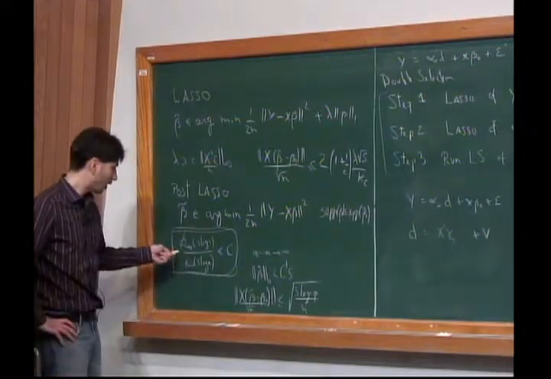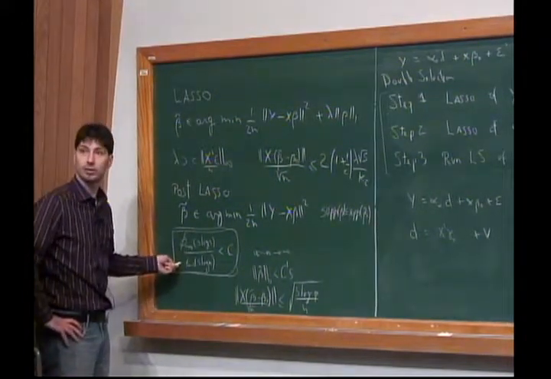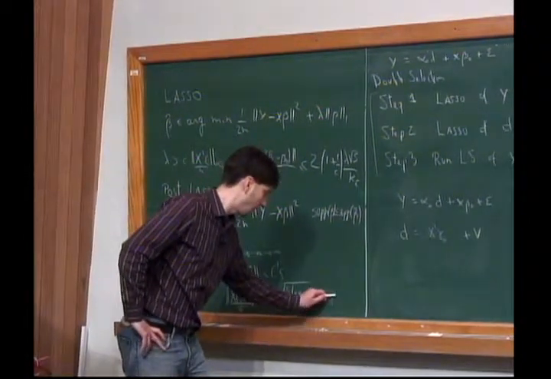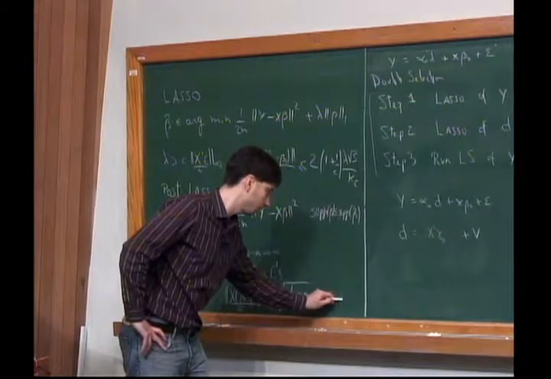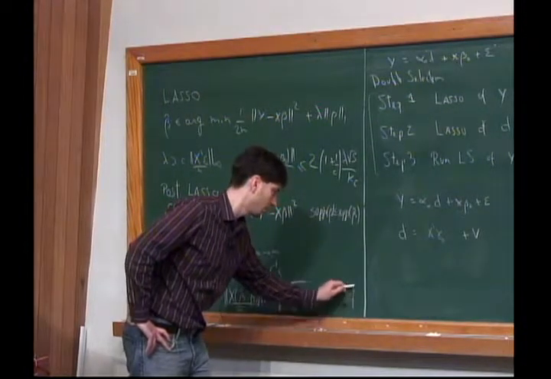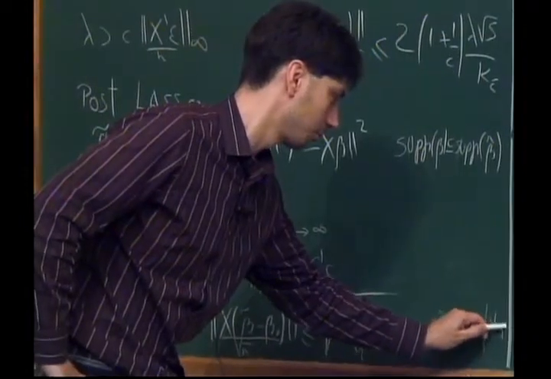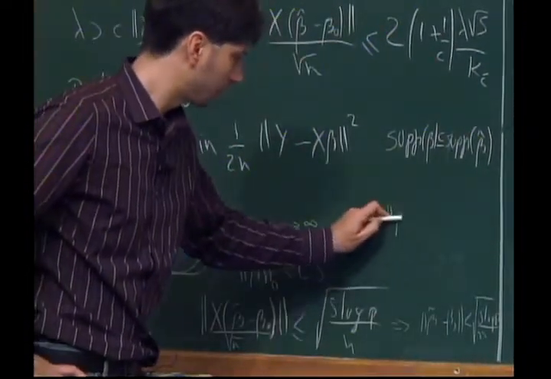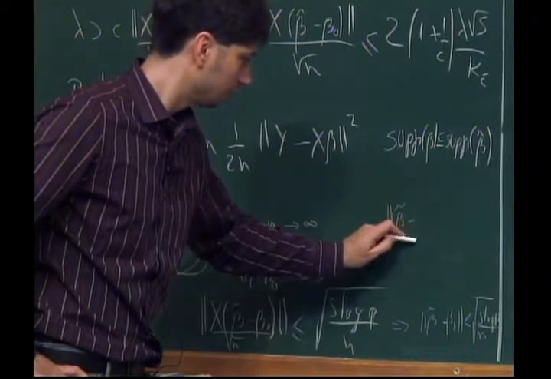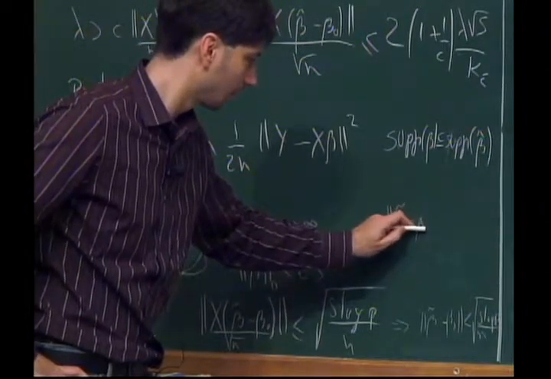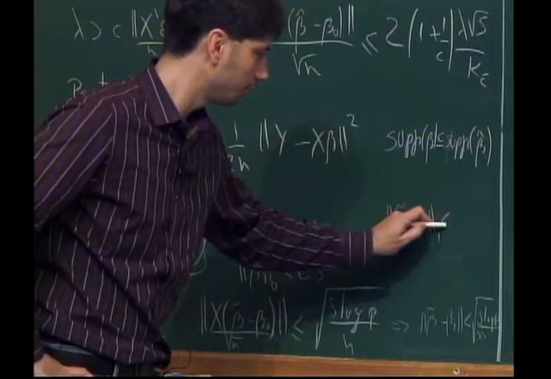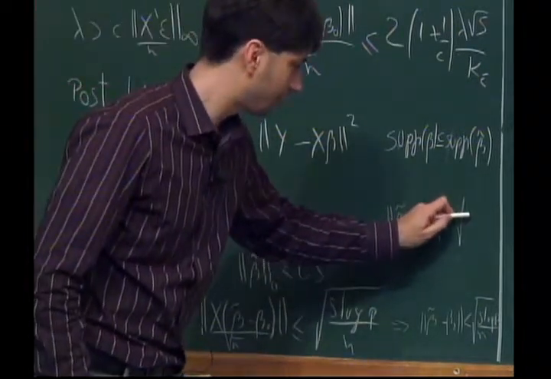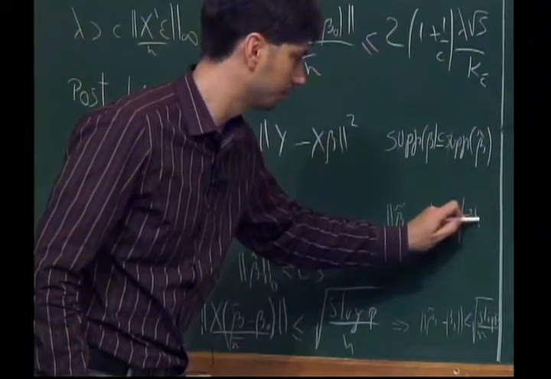But because sparse eigenvalues are well behaved, this automatically implies L2 norm convergence to be S log P over N, and also implies that the L1 norm, because I have sparsity, is just a factor of square root S bigger.